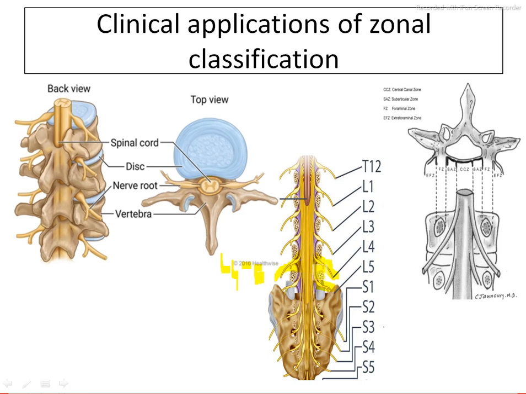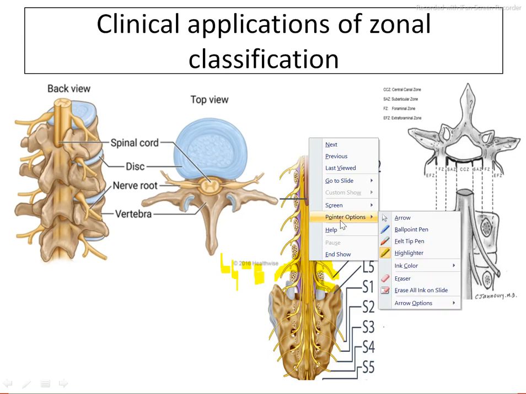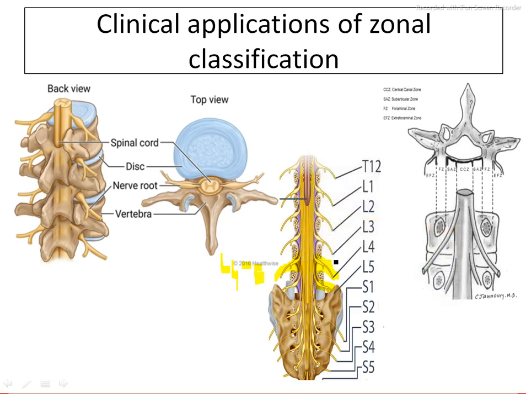So what happens is that, suppose there is, in case of central disc prolapse, this is the area where central disc prolapse takes place. So in central disc prolapse, there is a high chance that the cauda equina may get impinged and it can give rise to cauda equina syndrome.